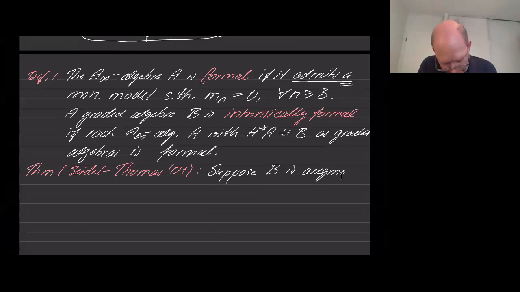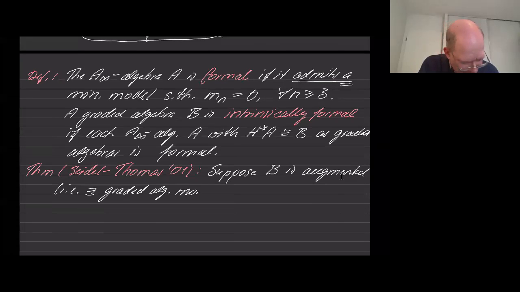So there is a graded algebra morphism epsilon from B to K, which composes with the unit as the identity.